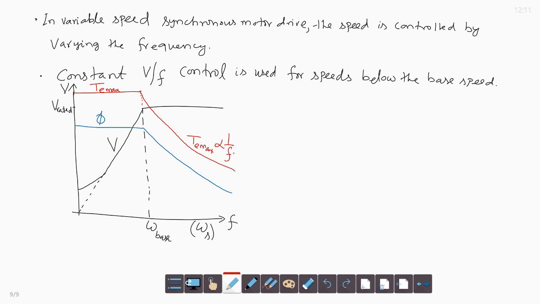So, below the base speed we have the constant torque drive, and above the base speed we have the constant power operation. So, just like induction motor, we have the V by F control of synchronous machine.